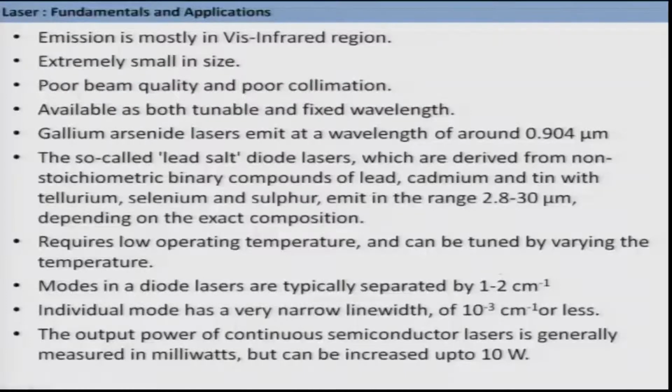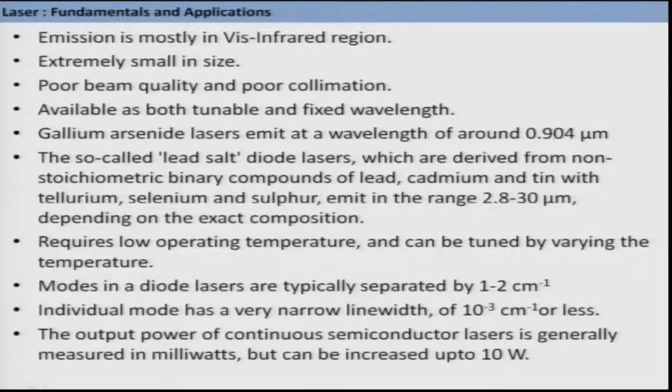For example, we were talking about gallium arsenide in the previous slide. That gives around 900 nanometer of light. And there are lead salt diode lasers, which are derived from non-stoichiometric binary compounds of lead, cadmium and tin, with tellurium, selenium and sulfur, that emit in the range of 2.8 to 30 micron.